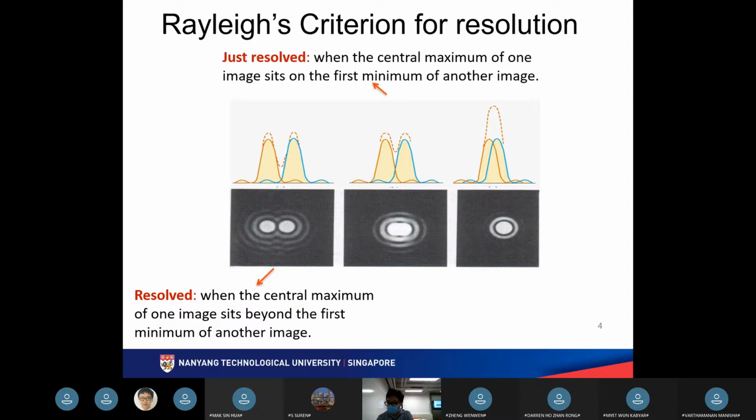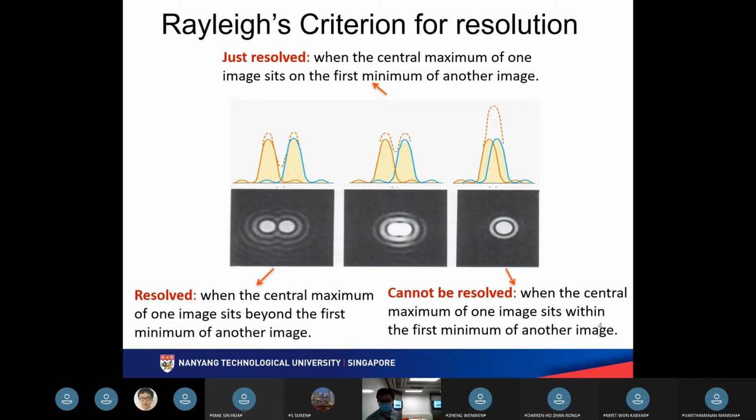So this is when we can just resolve; it's the boundary between resolving and not resolving. But if we further decrease their distance, their hot spots completely overlap, and you can no longer tell whether this is one image or two images. Even though there are two objects, their images completely overlap, so you lose resolution.